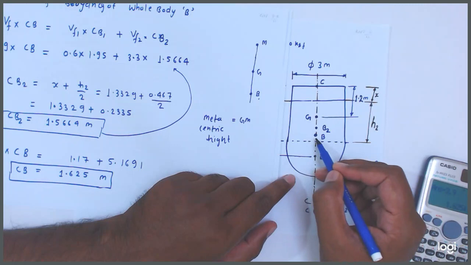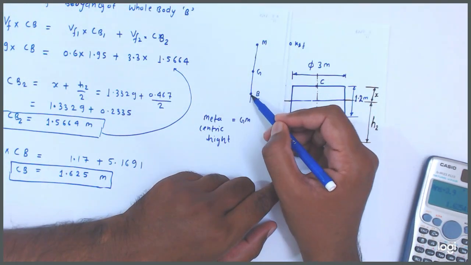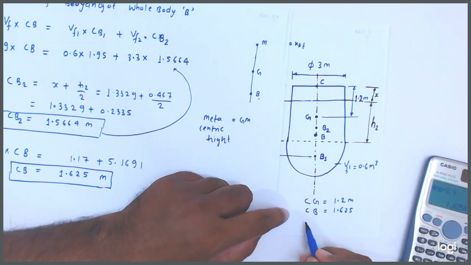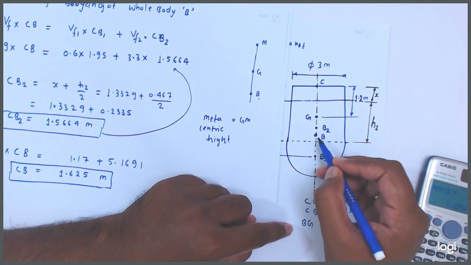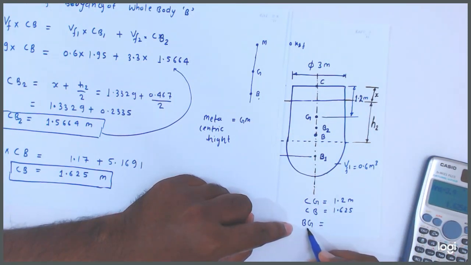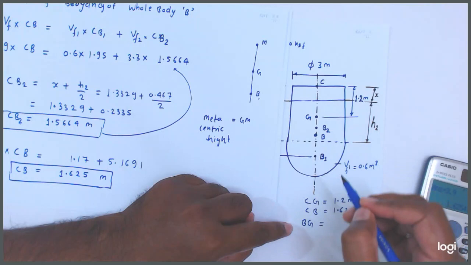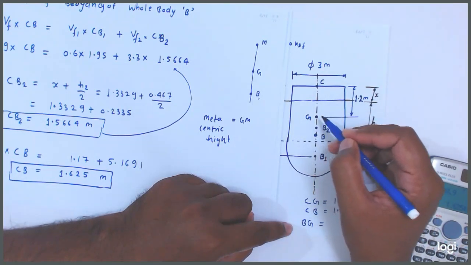Okay, so what is the BG distance? The main purpose is that we have to find the distance between B and G. I will explain, friends, why we are calculating the value of BG. BG is equal to CB minus CG.